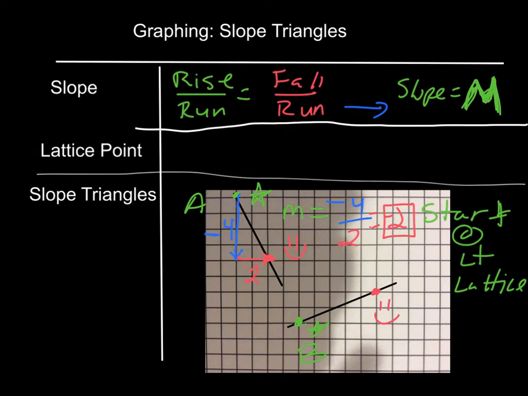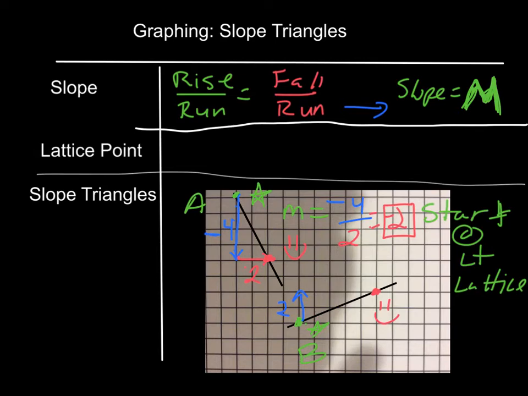Now, for this one, I'm starting at this lattice point and I'm going up to this lattice point, which means I need to rise. That's a requirement for me to rise and then run to the right. So from the star, I'm going to go up 2. I went up 2, and since I went up, I'm going to make it positive. I don't need a negative because I'm not going down.